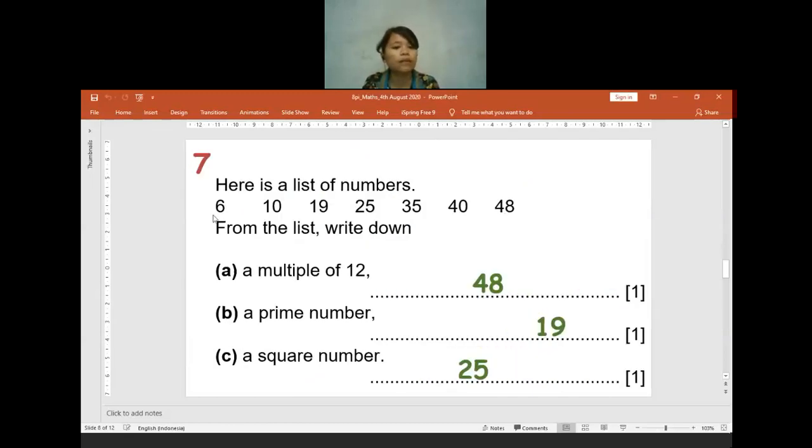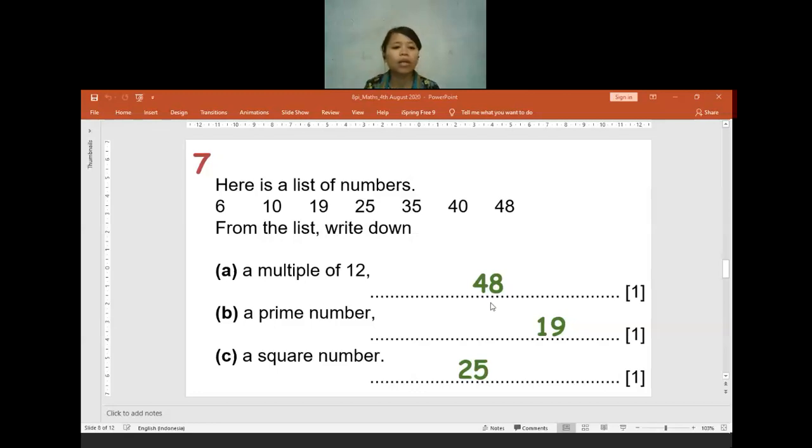For the question 7, here is a list of numbers. Right, we have to find the multiple of 12, prime number, square number. Multiple of 12, it will be only 48, because only 48 that I can divide by 12. And then for the prime number, it will be only 19, because 19 can be divided by 1 and 19 only.